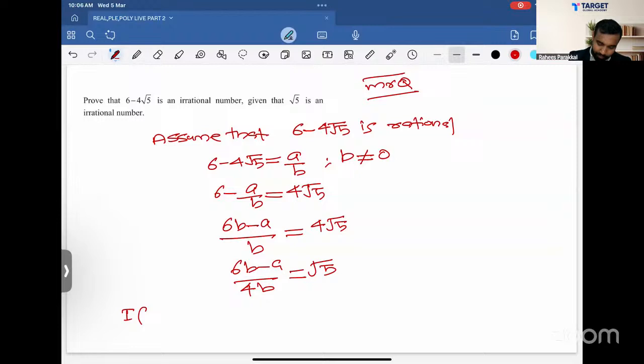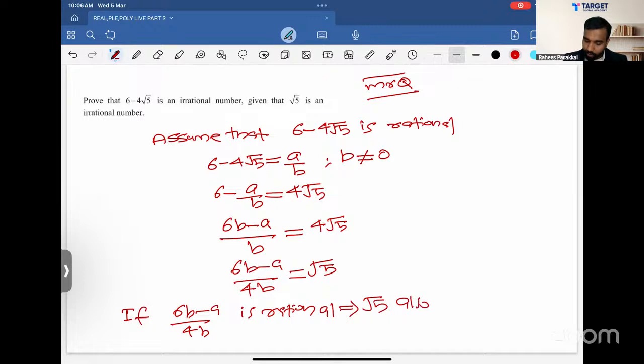The last step is like this. If the left side is rational, then the right side is also rational, because it's an equal symbol. Here 6b minus a by 4b is rational, which implies root 5 is also rational.